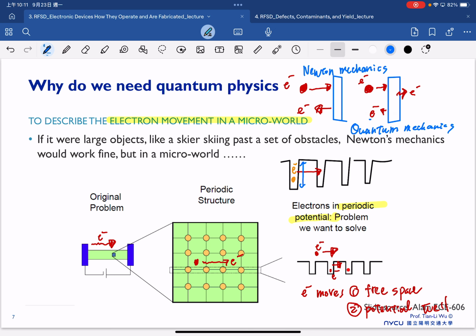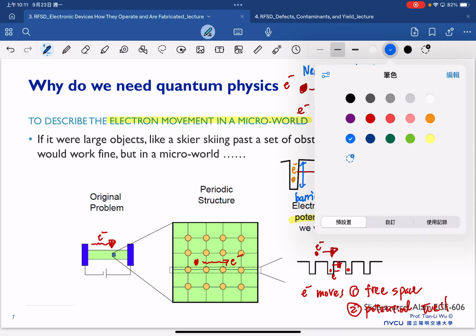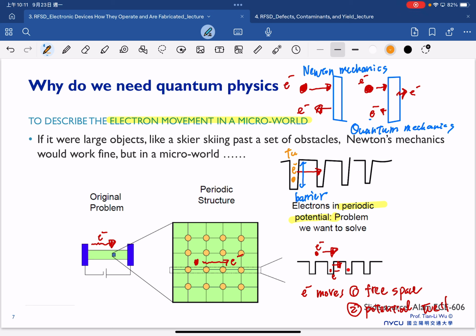Here we usually call this a barrier, and this phenomenon is generally called tunneling.